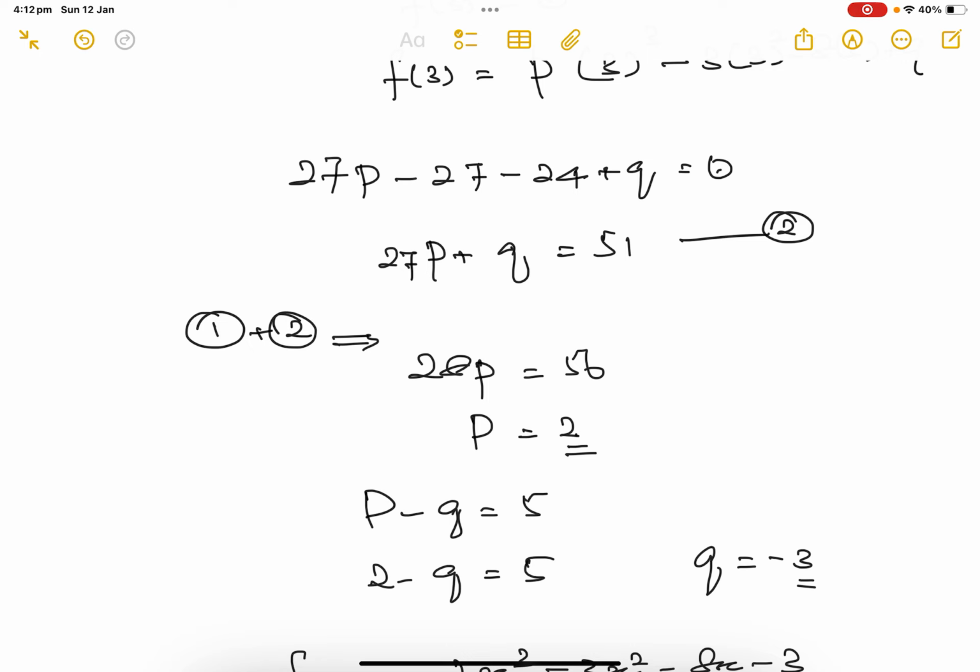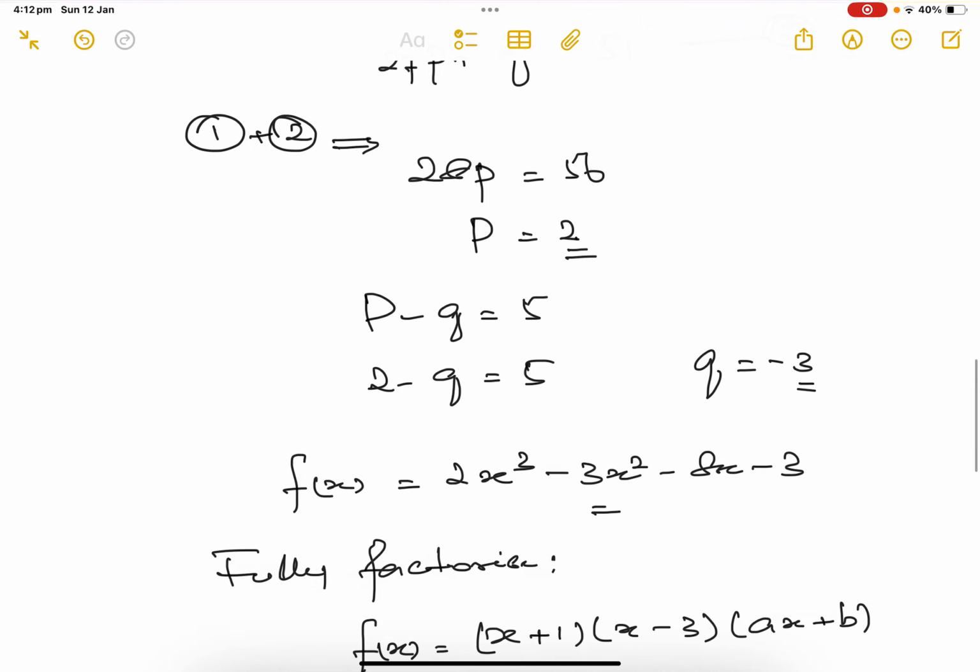So from that, p equals 2. If we substitute p equals 2 into the first equation, p minus q is 5, the q will be minus 3. So q is minus 3.